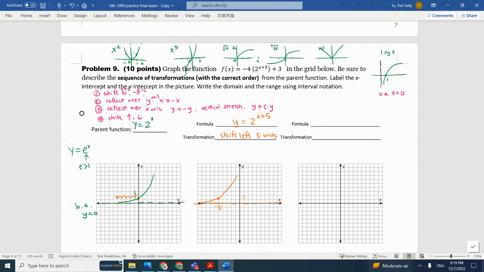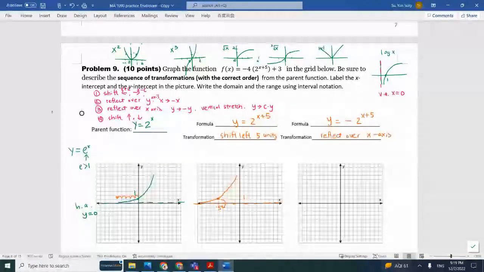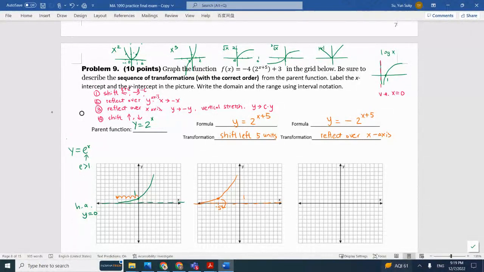And next, do we have reflection over the y-axis? Do you see a minus sign in front of the x? No, we don't see it. Next one, the third one. Do we have reflection over the x-axis? Do you see a minus sign in front of the function? Yes, we do. So negative 2 to the x plus 5. This is a reflection over the x-axis, which means the point (-5, 1) becomes (-5, -1).